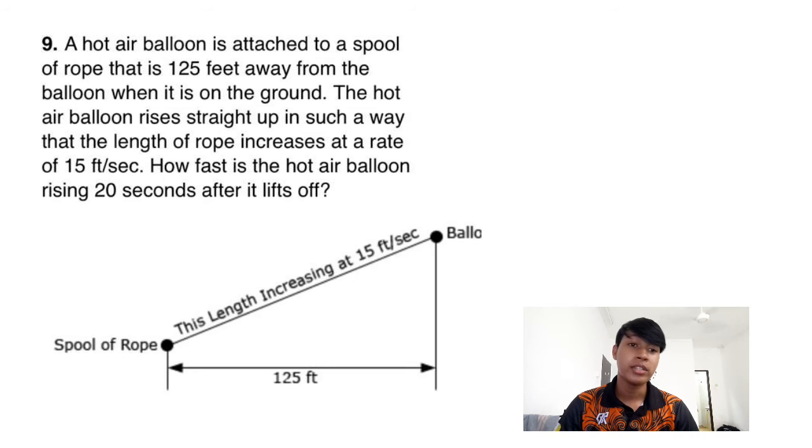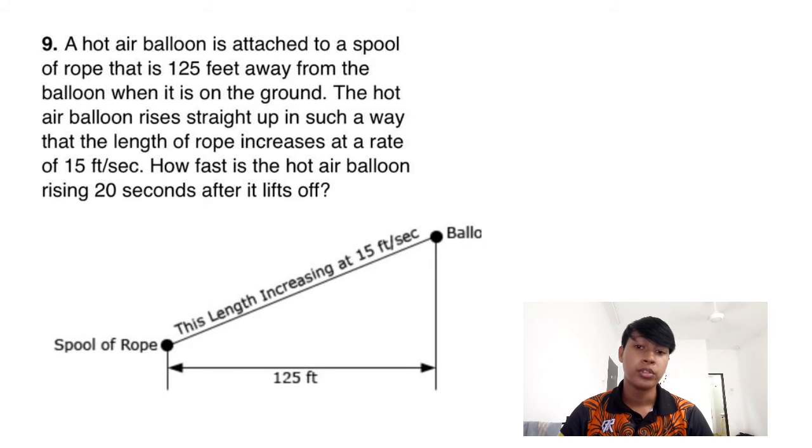The hot air balloon rises straight up in such a way that the length of rope increases at a rate of 15 feet per second. We have to use both of these pieces of information to find how fast the hot air balloon is rising 20 seconds after it lifts off.